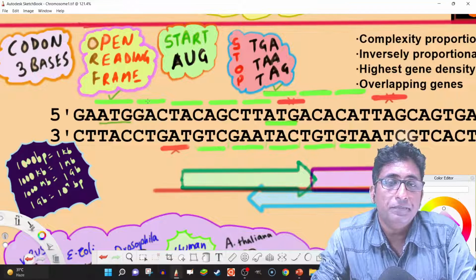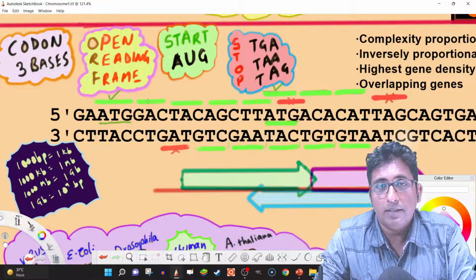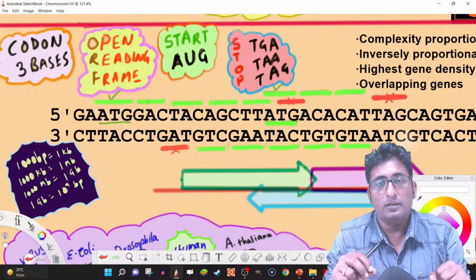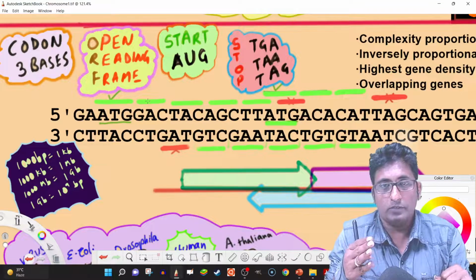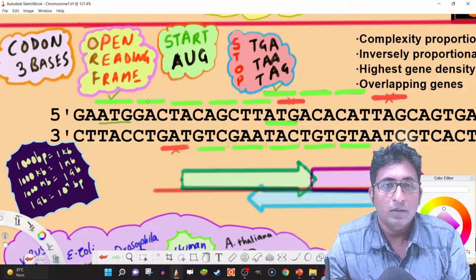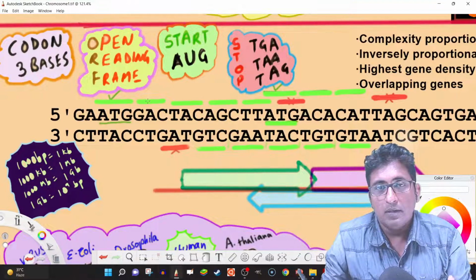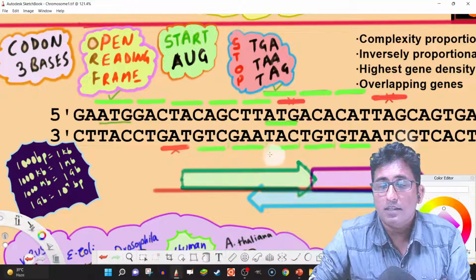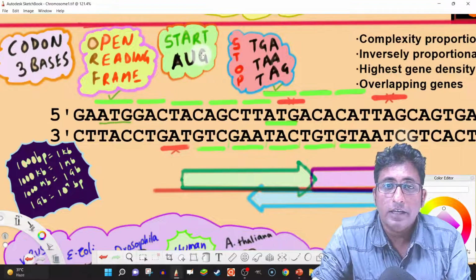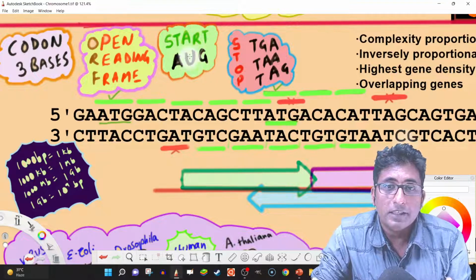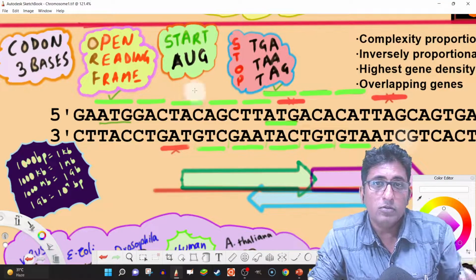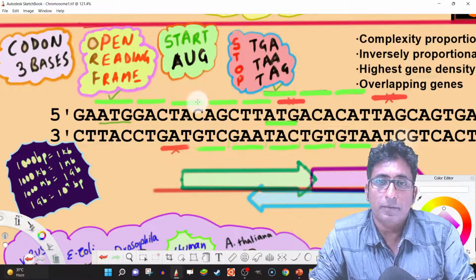The next level of understanding is that if we put these codons in a line consecutively, without any spaces or addition of any other base in between, that is a reading frame. And if that reading frame starts with a start codon, written here as AUG, it could have been ATG if we are talking in terms of DNA, AUG in terms of RNA.